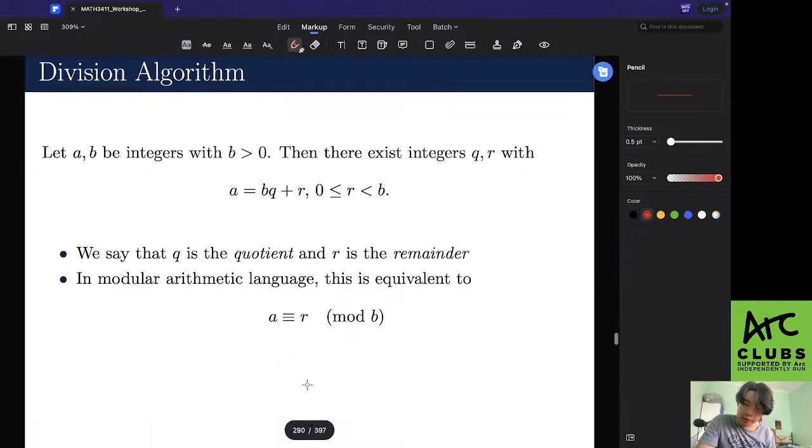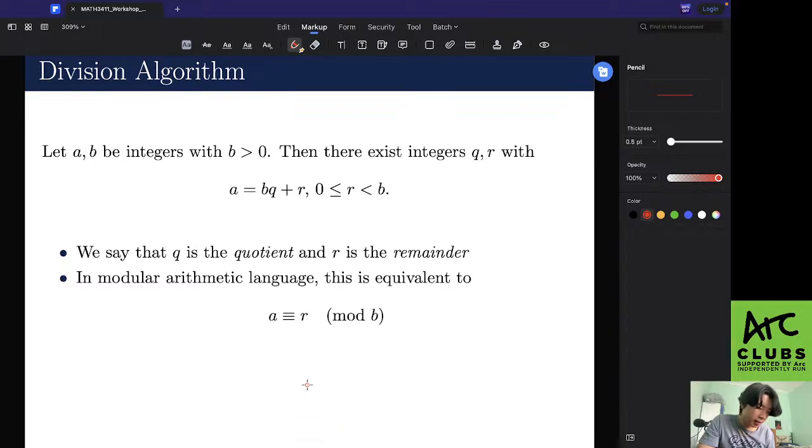Well, we call q the quotient, as I said, and r the remainder. And we would say, in mod terms, a is equal to r mod b. And in mod b, it just says, if we divide both numbers by b, are the remainders the same? If the remainders are the same, then both numbers are the same.